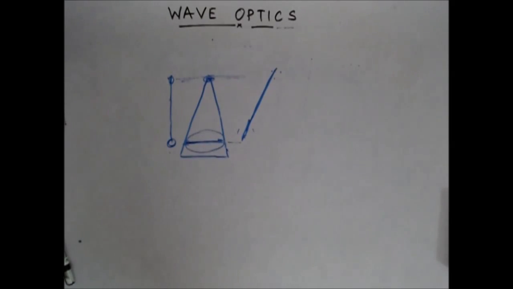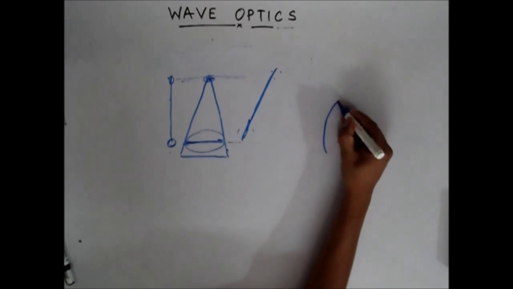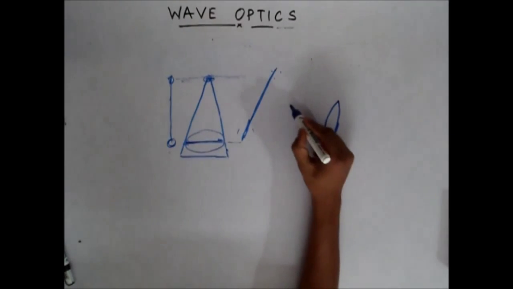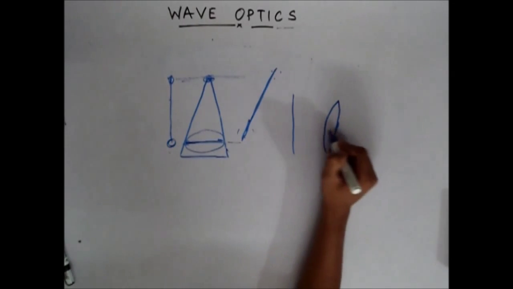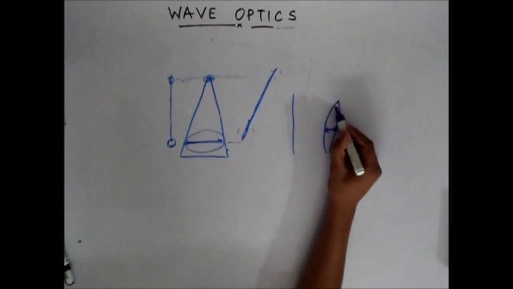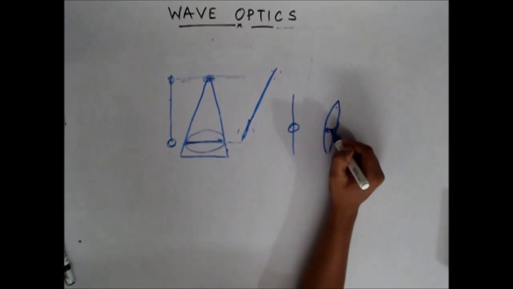Okay, now let's take the example of a lens. Let's say I have this lens and a light wave is coming like this. Here again you see that this part is thicker than this part, so this part of the wave has to travel a larger distance through the lens, which has a higher refractive index or less velocity.